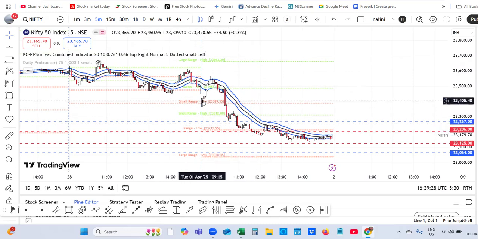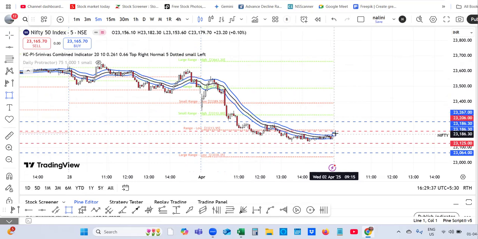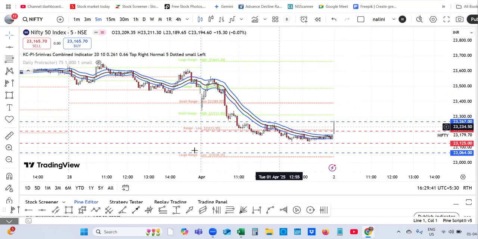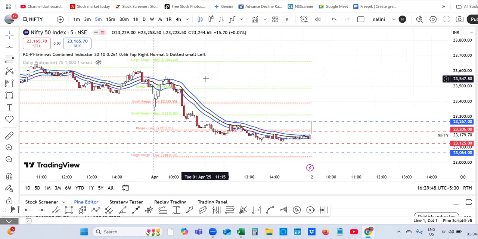The price will not start like this. Suppose the market starts like this, then it is a positive move. It is not a positive move. That's why it got resisted over here.